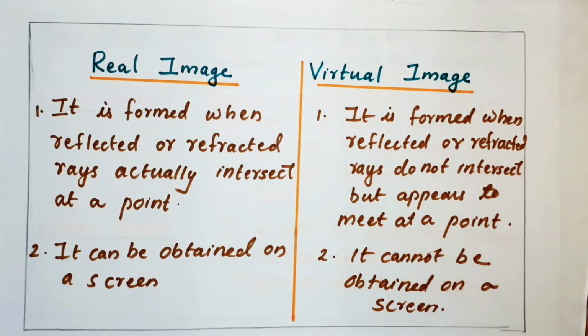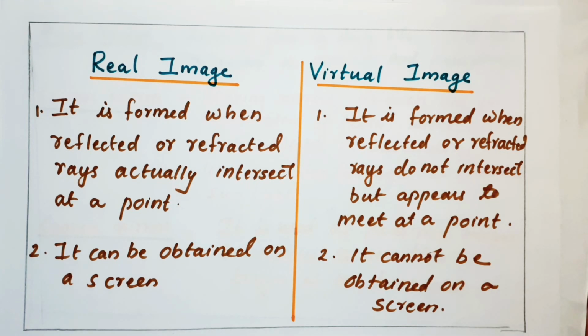I discussed that for a plane mirror, I get a virtual image. In the coming slides, I'll show the real and virtual image difference, but here I just differentiated. Just now you have seen for a concave mirror, reflected rays are going to a point, but for a convex mirror, they appear to come from a point.